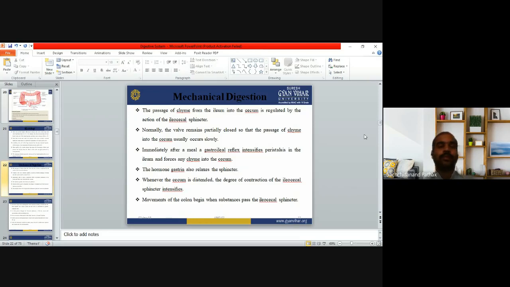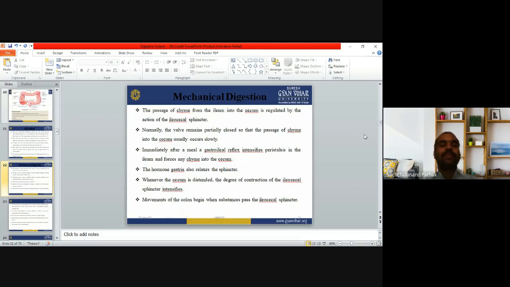So when the peristalsis is enhanced, these forces are enhanced, and a large amount of food can be passed. The hormone gastrin also relaxes the sphincter. The release of gastrin causes the sphincter to relax, which means more food can pass from the small intestine to the large intestine.